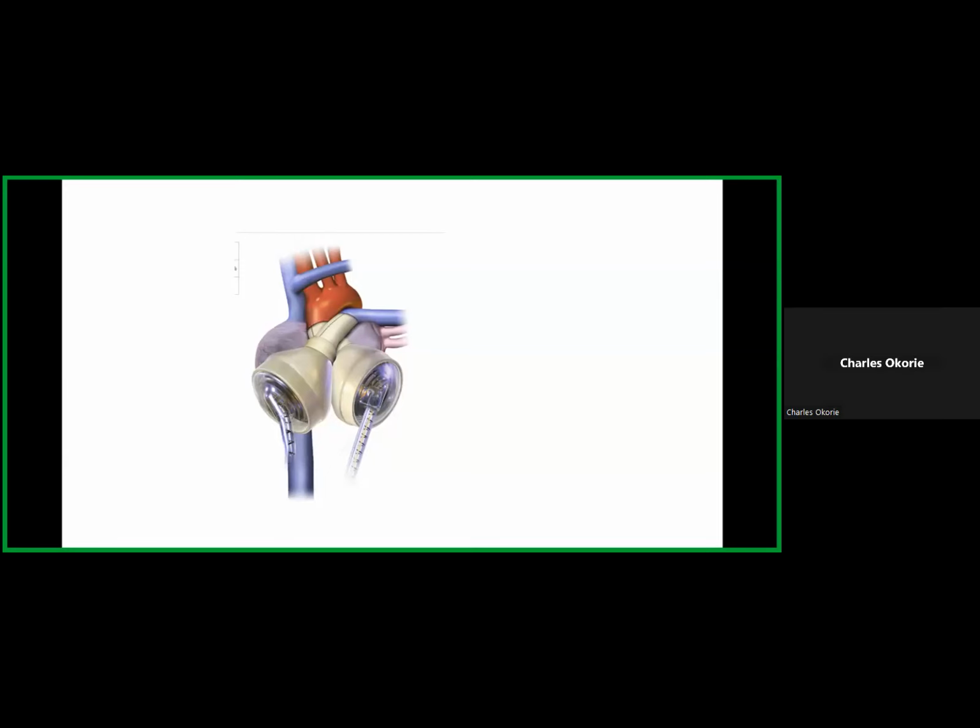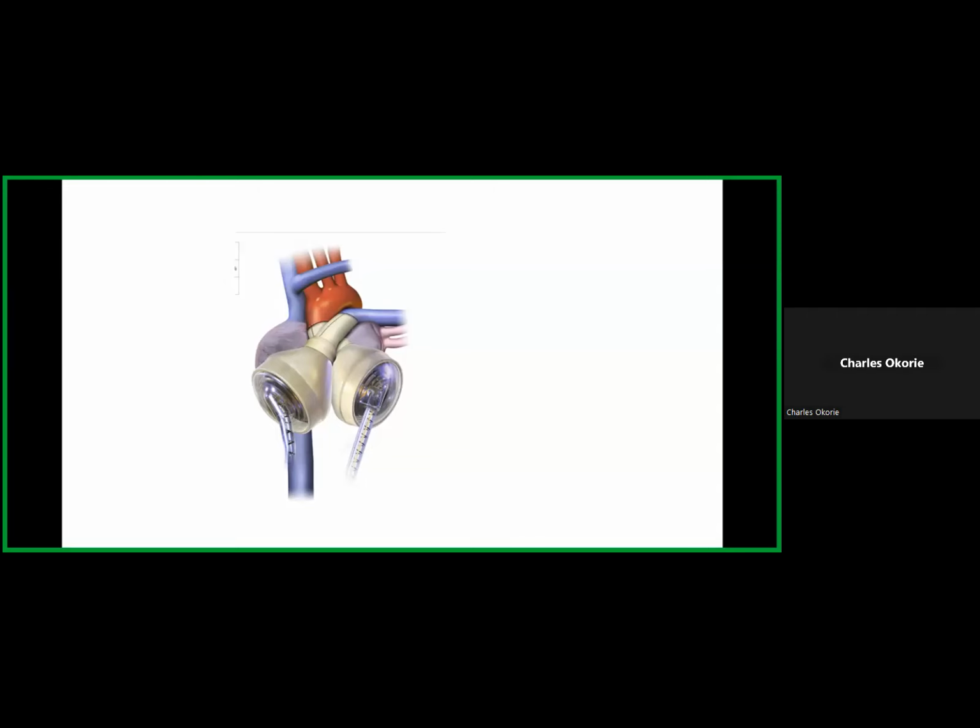Concerning the first question, it's actually done through a thoracotomy. But unlike cardiac surgery where they open from the superior part of the sternum down to the xiphisternum, this time they can only open up the lower part.